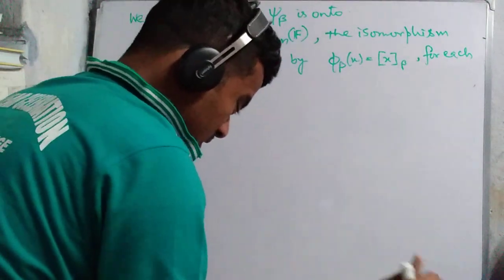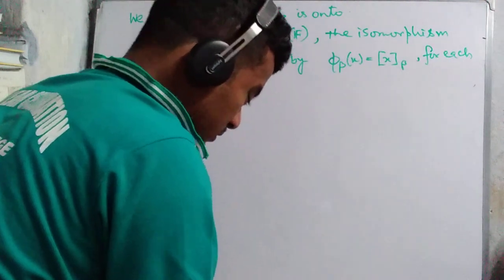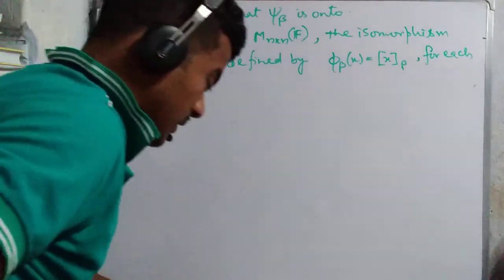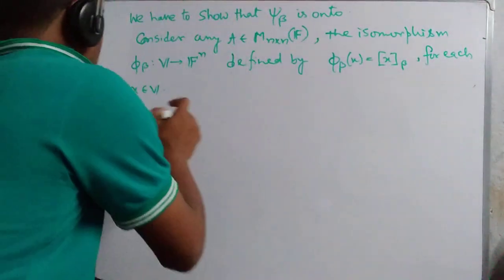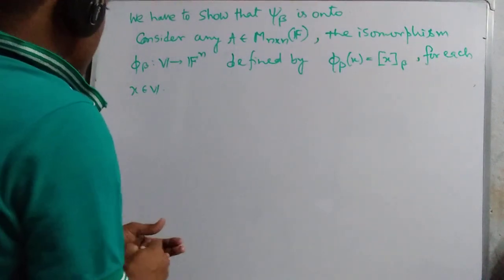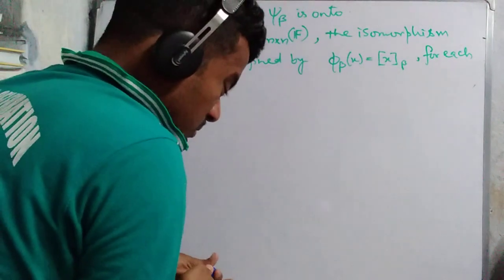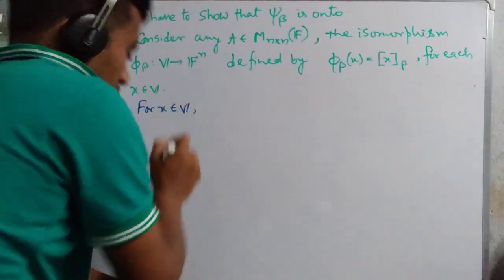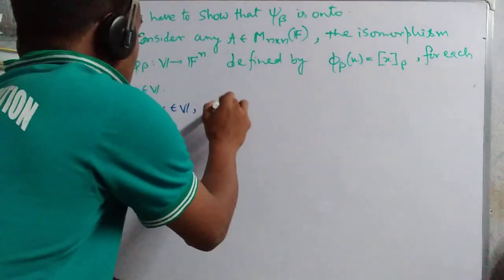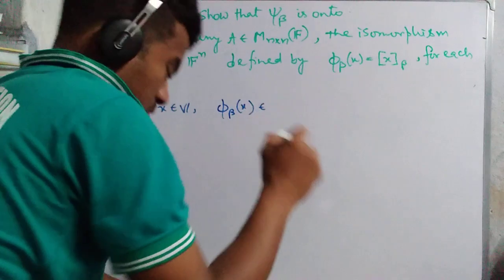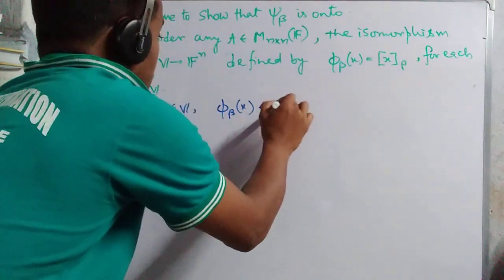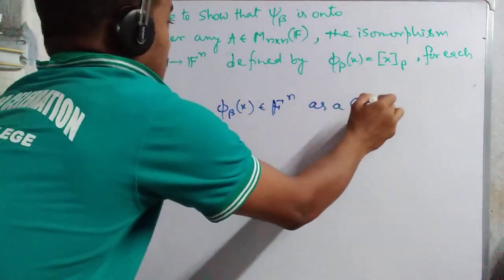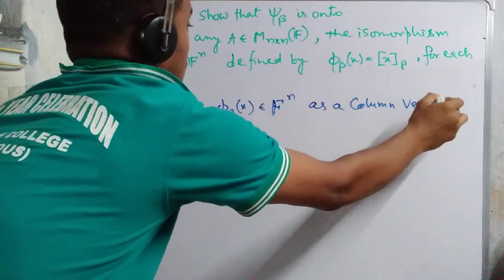Then for x belonging to V, phi beta of x belongs to F n, as a column vector. Understood?